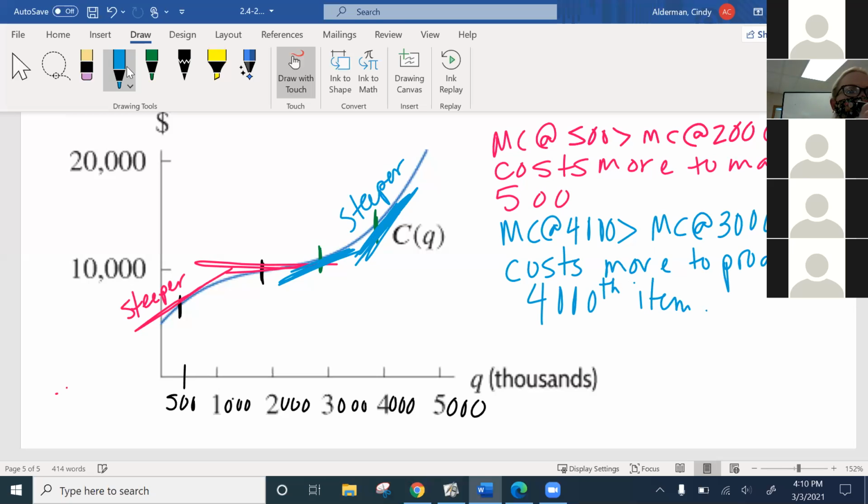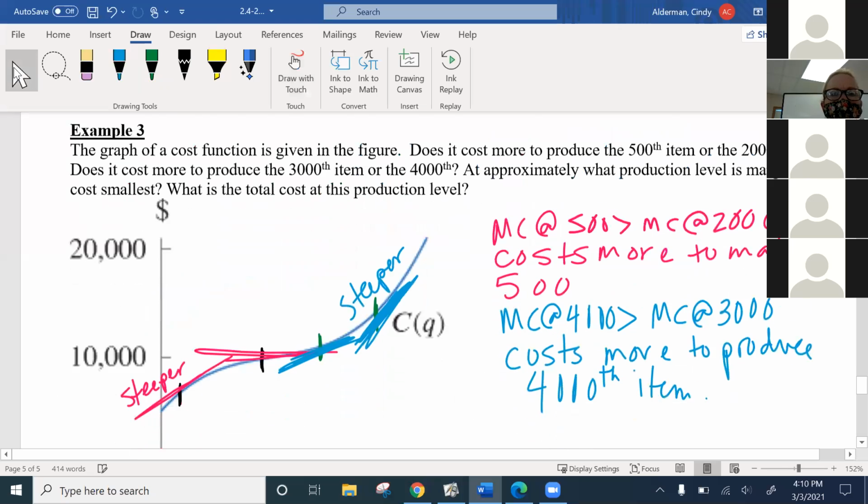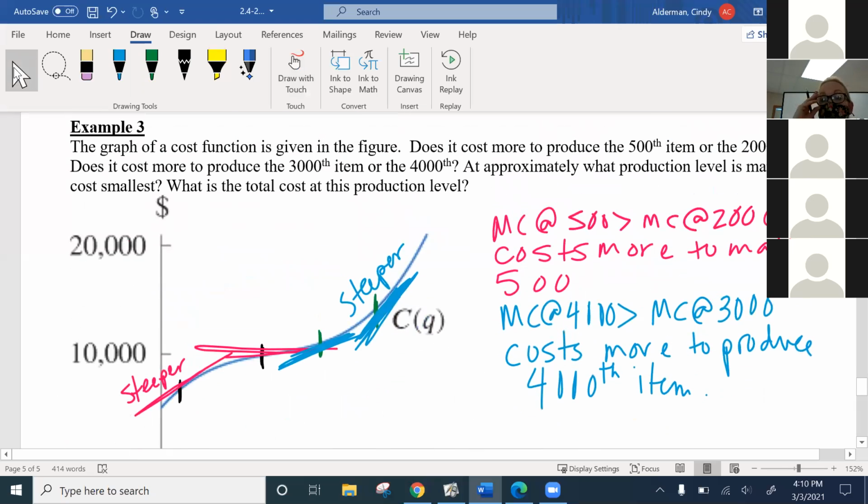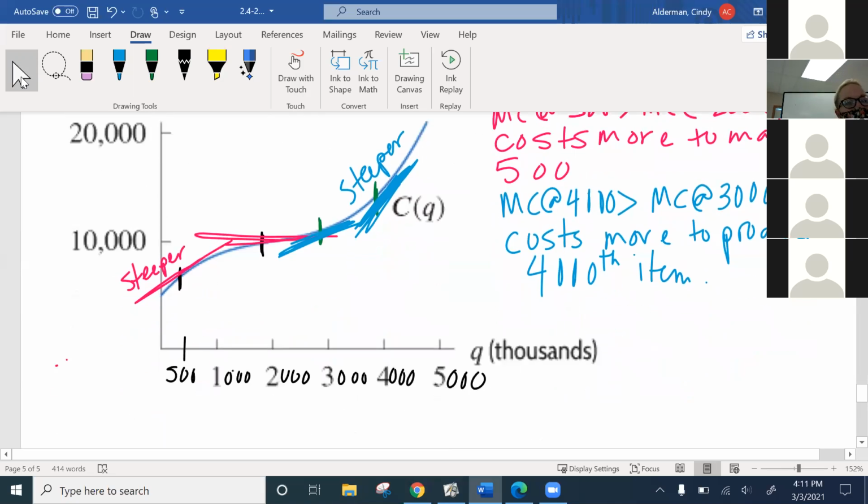All right, and then I think there's one more question. At approximately what production level is marginal cost the smallest? What is it? Yeah, absolutely. And you guys can't see the bottom of this thing, so you can't tell. You're looking for something that has a slope that's close to zero. So where does it flatten out?